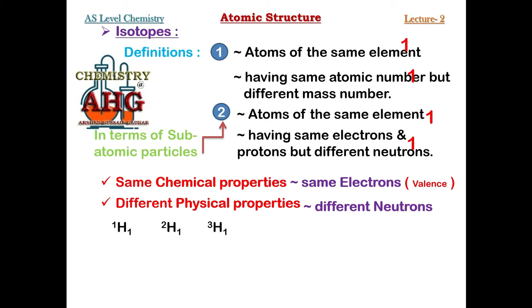The other is H2, known as deuterium, and the third one is tritium, H3. Protium is also known as normal hydrogen. Deuterium is also known as heavy hydrogen, and tritium is also known as radioactive hydrogen.